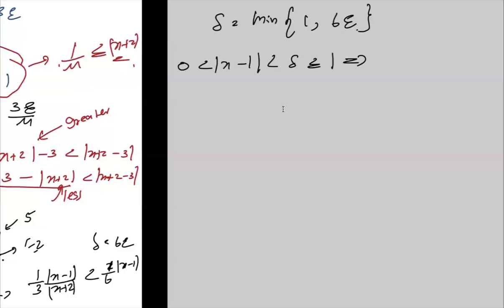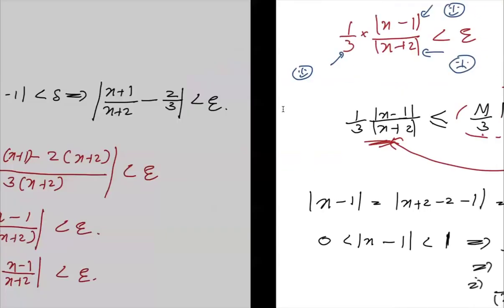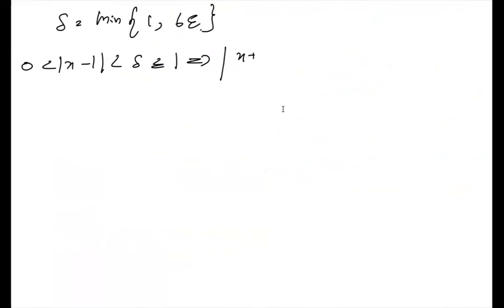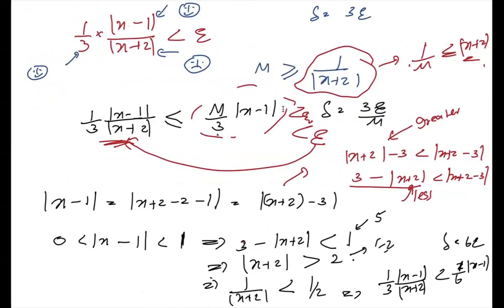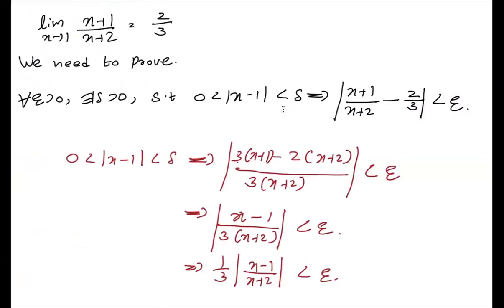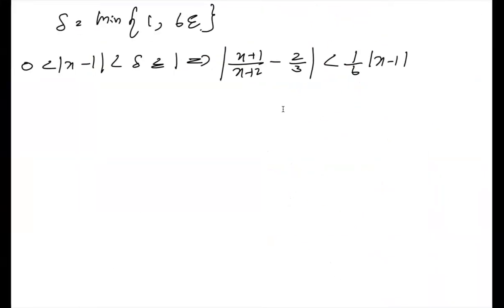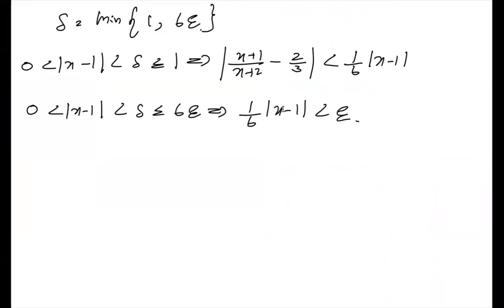This implies this one is nothing but this one, 2 over 3 less than 1 over 6 times |x minus 1|, because this is nothing but the solved version of this one. I just wrote the original form to increase the clarity. And 0 less than |x minus 1| less than delta less than or equal to 6 epsilon. This implies 1/6 of |x minus 1| is less than epsilon.